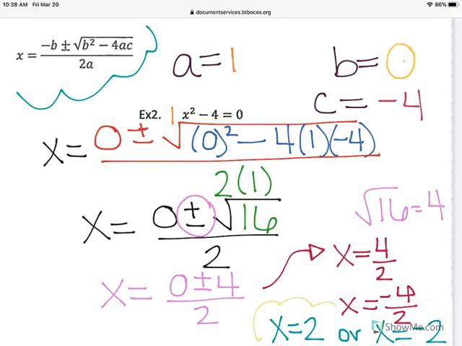So our final answer, and you can either write it as 2 separate things like x equals 2 or x equals negative 2, or you can write your final answer as one thing as long as you have that plus or minus in front to show that your answers are 2 and negative 2. Again, pause the video if you need more time copying this down, and we're going to go to our final example, example 3.